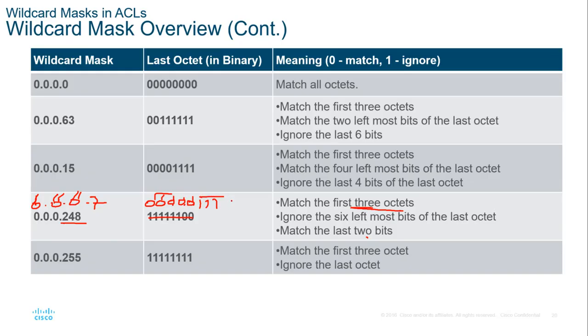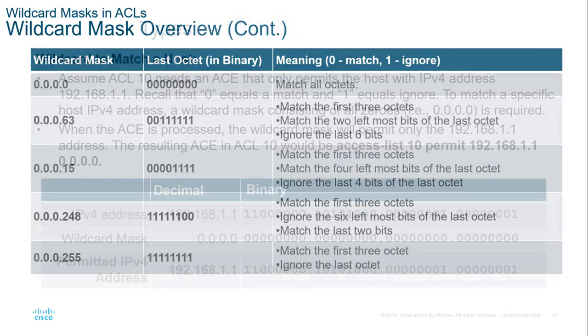Those are the 8, which have to be ignored. So you match the first 3 octets and then ignore the last octet. You see, where we have the ones, we ignore. So you cannot ignore first and then match last. That one is out.